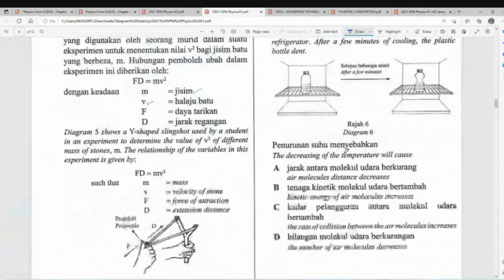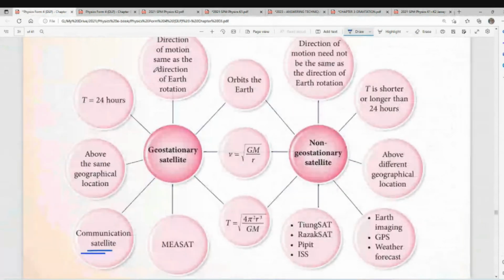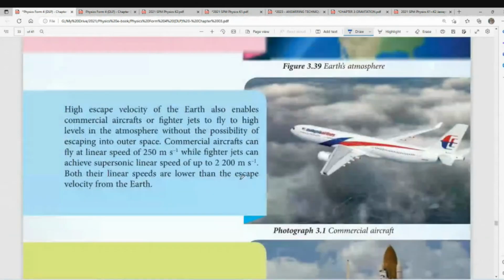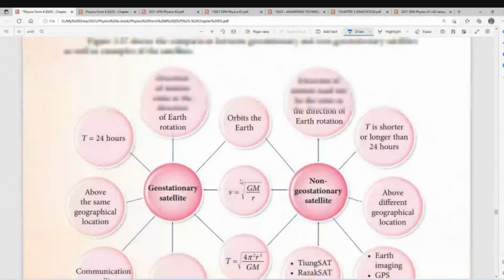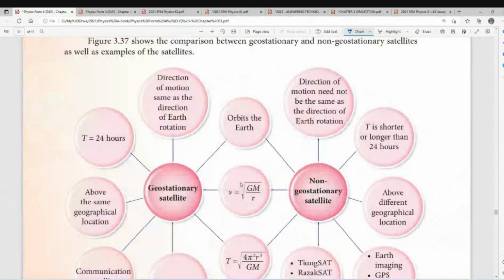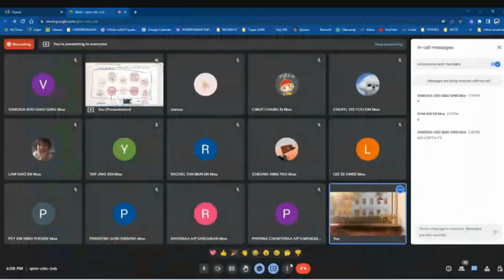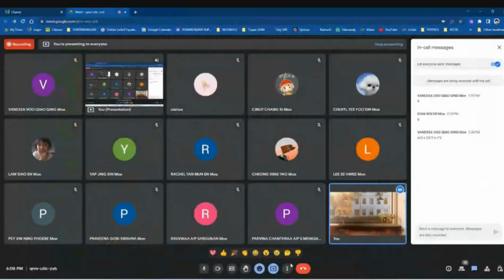Okay, I think that's all for chapter 3. Okay, and this one definitely you have to make sure that you're able to differentiate about these two types of satellite. Okay. So anything else you want to ask about chapter 3?